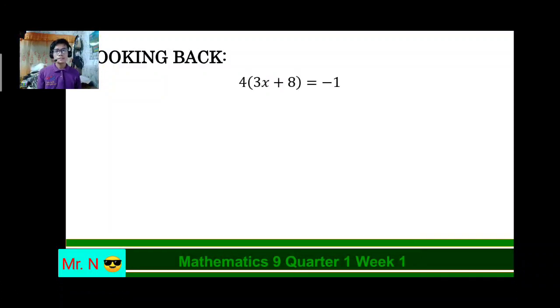Let's have 4 times the quantity 3x plus 8 is equal to negative 1. Let's multiply by distributing 4 inside the parentheses.